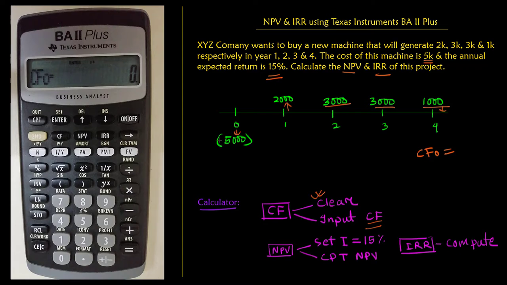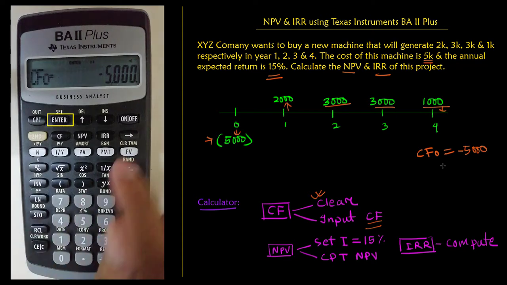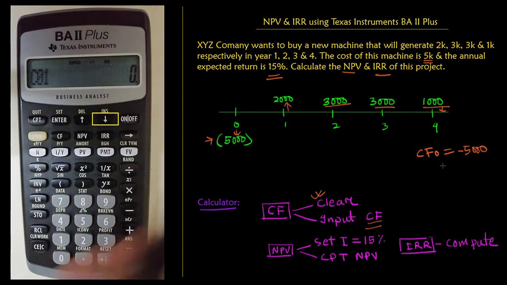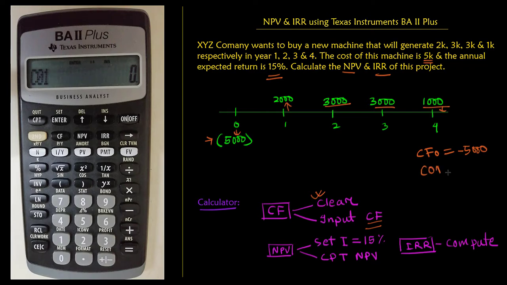In our case we have a cash outflow of $5,000, so we'll put 5,000 and negative, as it is a cash outflow. So do that, 5,000, press this to turn it to negative, then press enter. Then press this button, scroll down to C01. The C01 is the cash flow that we will receive at year 1.